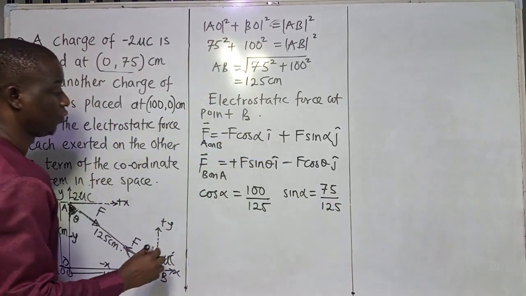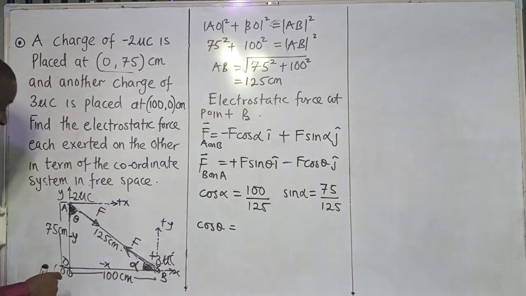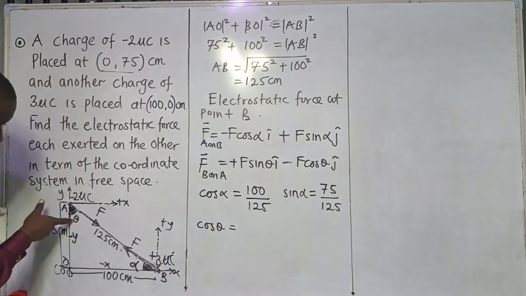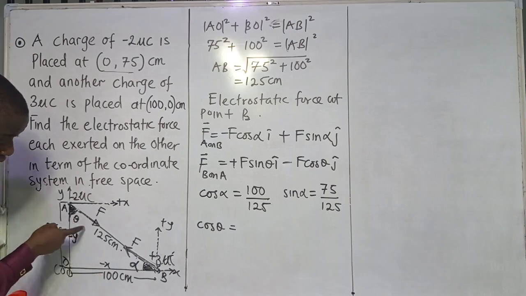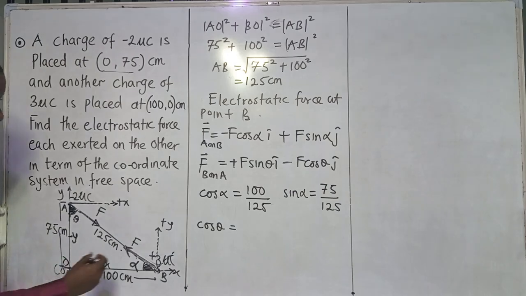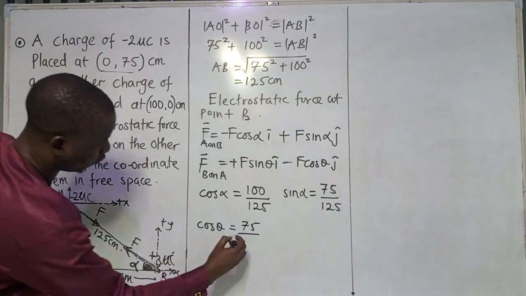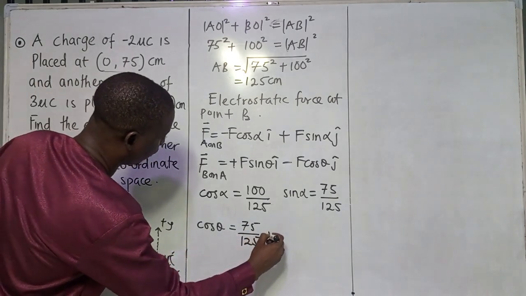So what about cos theta? Looking at this theta here, this side is adjacent to this theta, and this is the hypotenuse. So cos theta is 75 over 125.